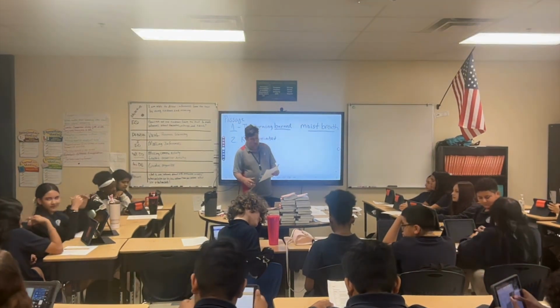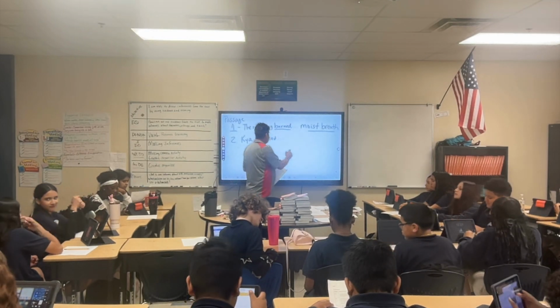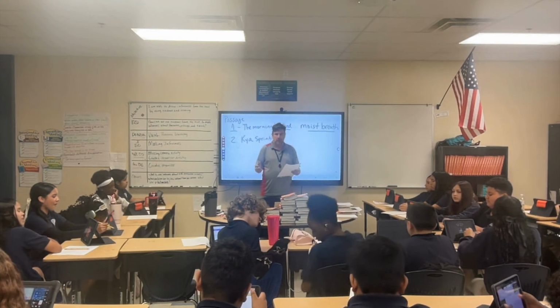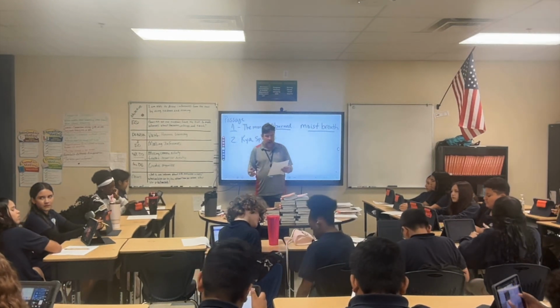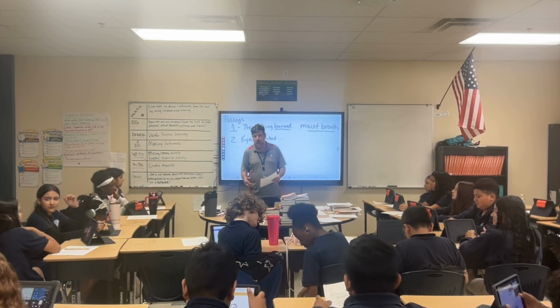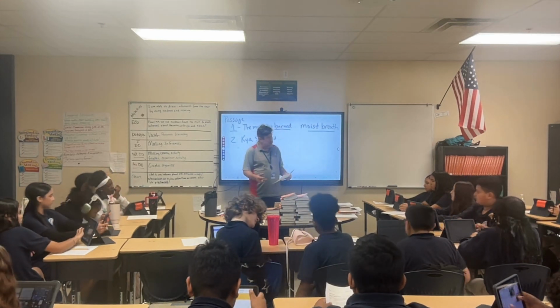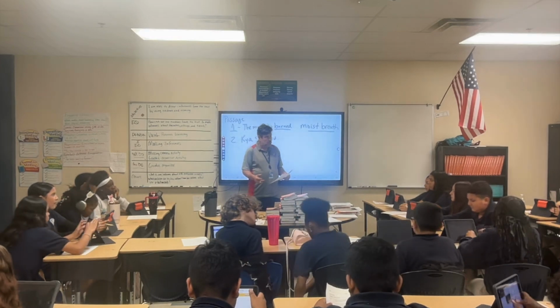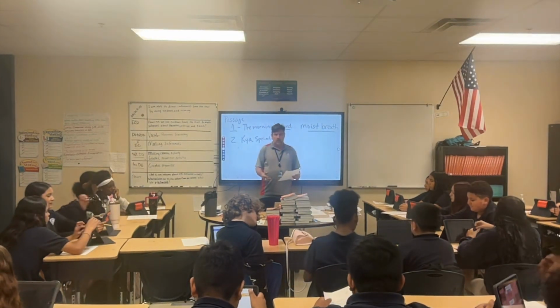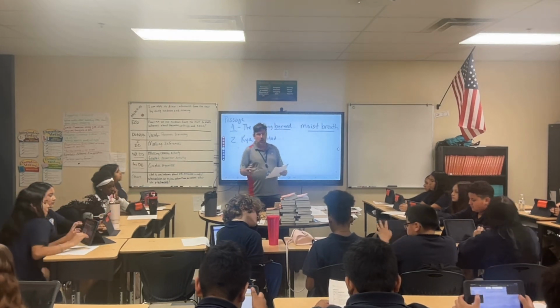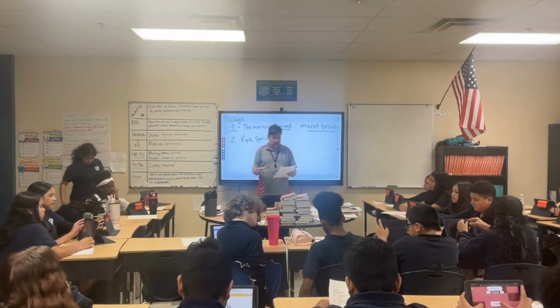Now, what is the inference there? The inference is that, based on the information we have, Kaya feels anxious and worried because she's 6 years old. That's the inference we get from this.